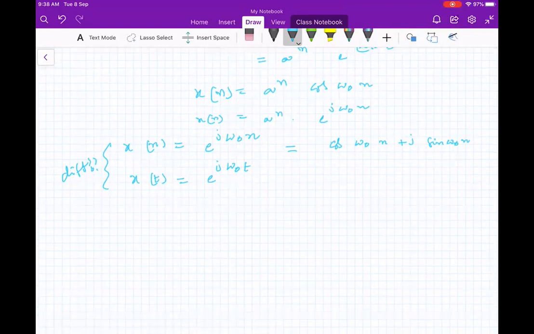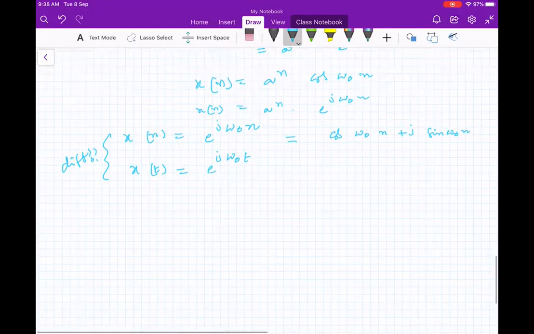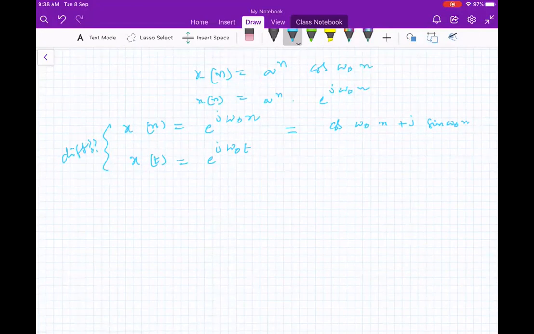Those who know should tell quickly. For a discrete signal, n accesses only integer values, but for a continuous signal, t can be anything.